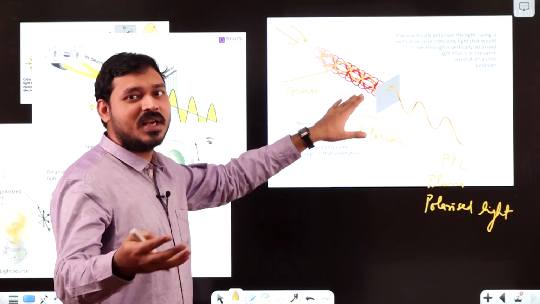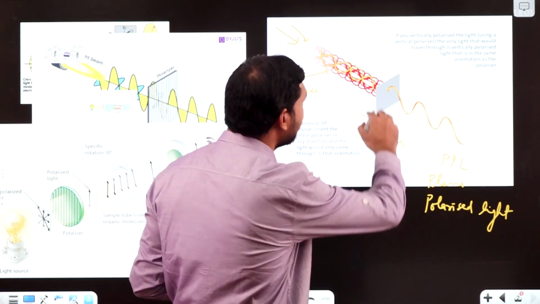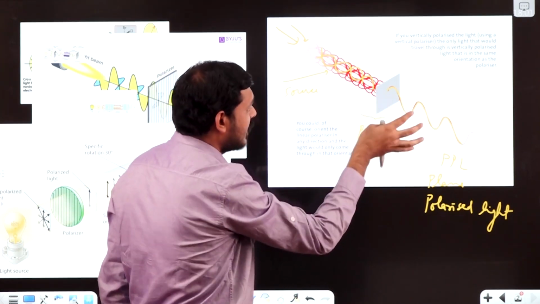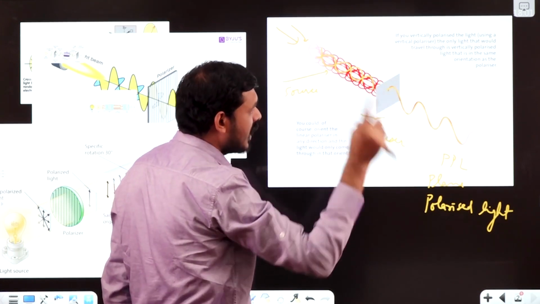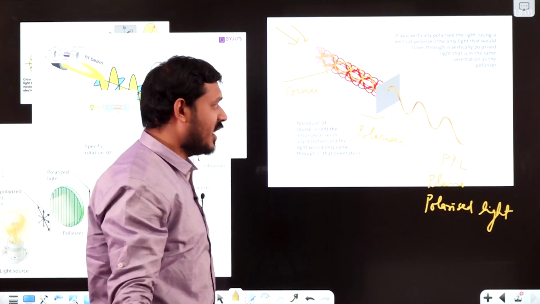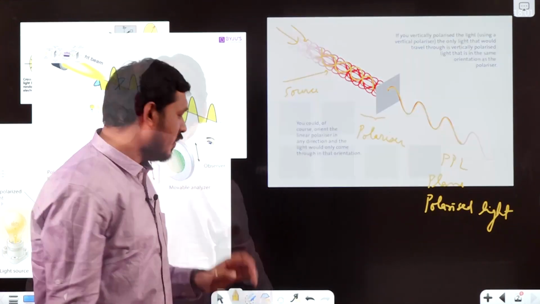So as per the orientation required, you will keep the polarizer. If you vertically polarize the light, as per the orientation of the polarizer, you get the light's orientation. It may be vertically oriented or horizontally oriented as per your requirement. So students, I think this is clear to you.